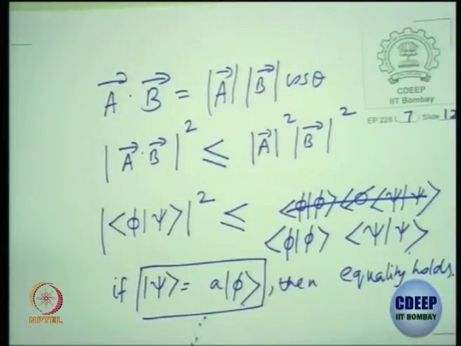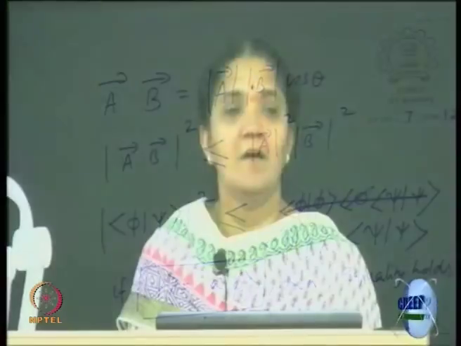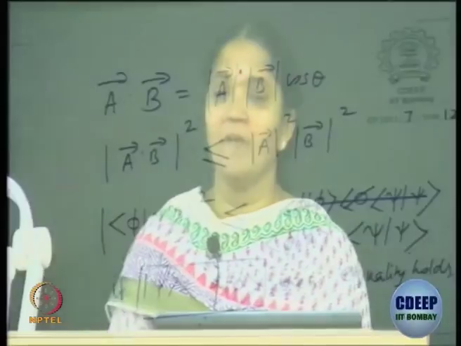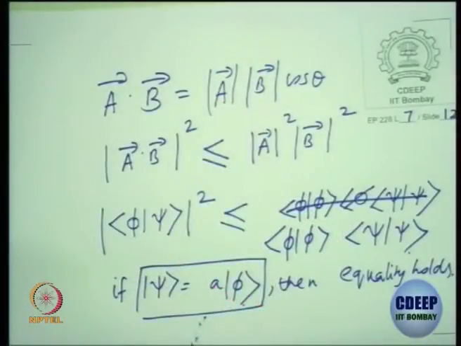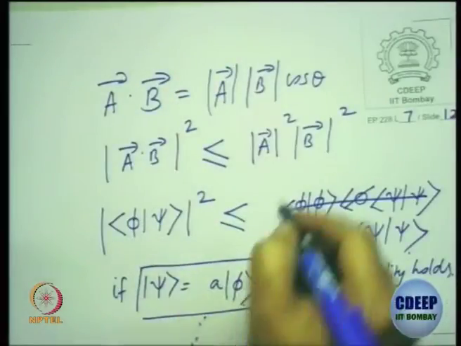If psi is some linear multiple of phi, then psi and phi are linearly dependent, or in the language of your vectors, they will all be collinear, they will all be on the same line, or you do not need a different one, it is the same, it is linearly dependent. For such a linearly dependent situation, the equality will hold, and in general the inequality will be satisfied. So, this is what is called the Cauchy-Schwarz inequality.